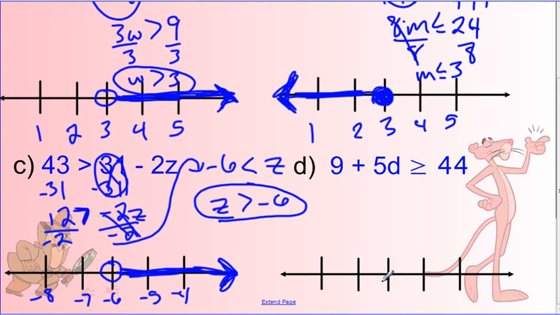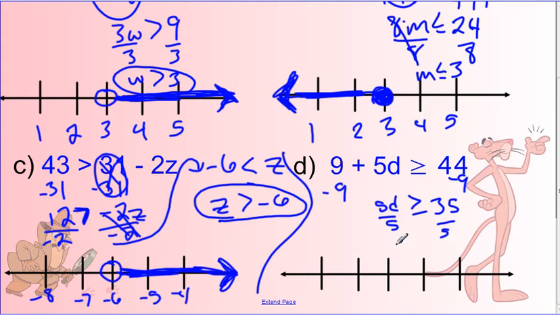Letter D you're going to find is a bit easier. So we're going to start by minus 9. We get 5d is greater than or equal to 35. And then we divide by 5 on both sides, and d is greater than or equal to 7. See, these canceled out, those canceled out.